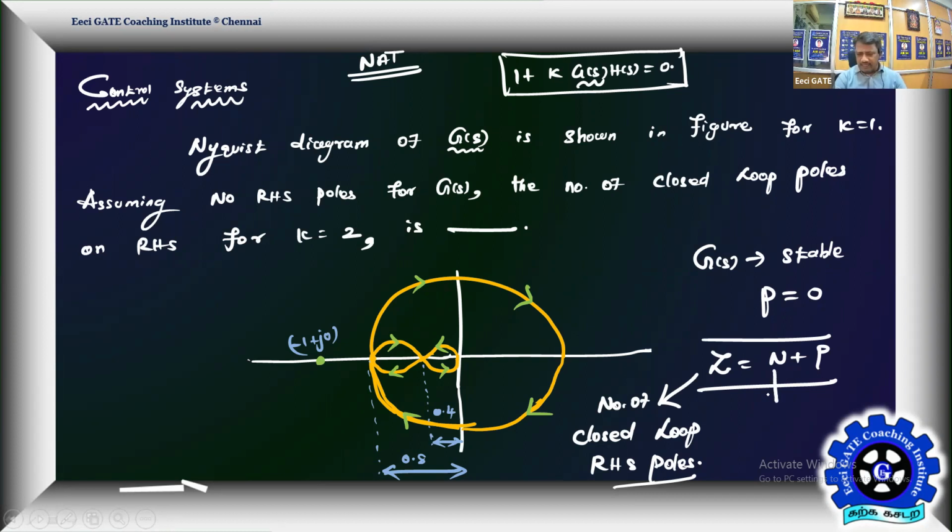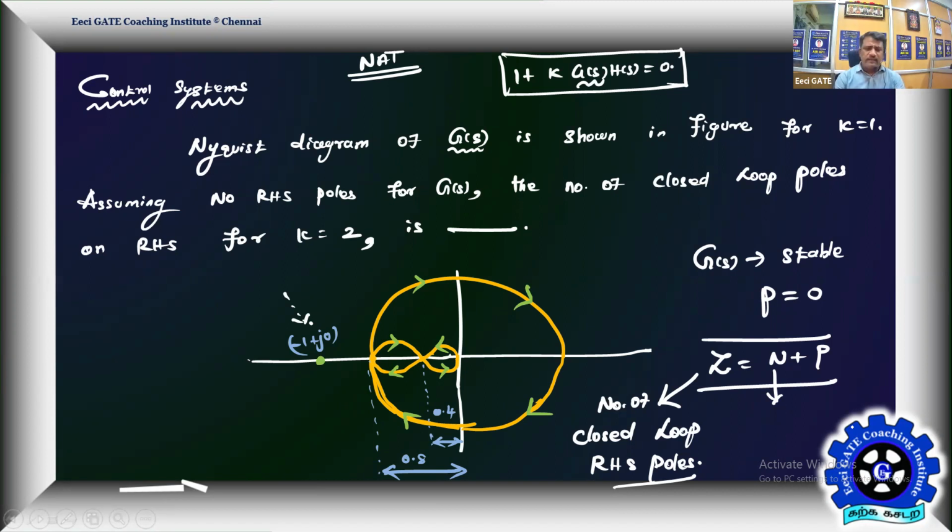What about N? N is the number of encirclements of the critical point -1 plus 0j, or you can also say the marginally stable point. So whether the Nyquist diagram is going to encircle this critical point or not.